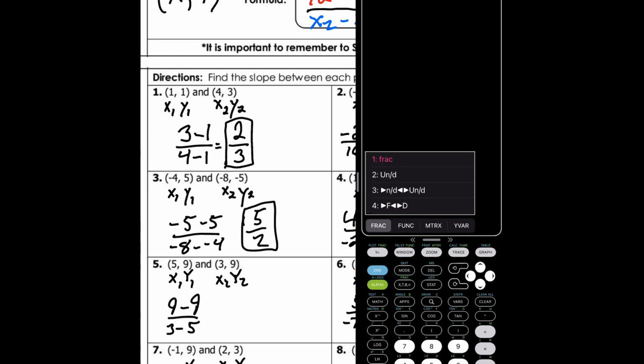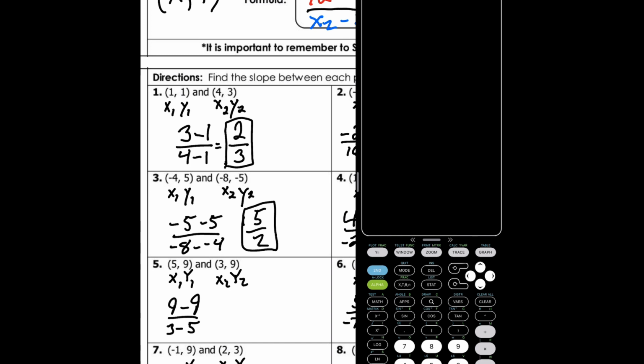Alpha y equals, enter, 9 minus 9, arrow down, 3 minus 5, enter, I get 0. 9 minus 9 is 0, 3 minus 5 is negative 2, 0 divided by anything equals 0.